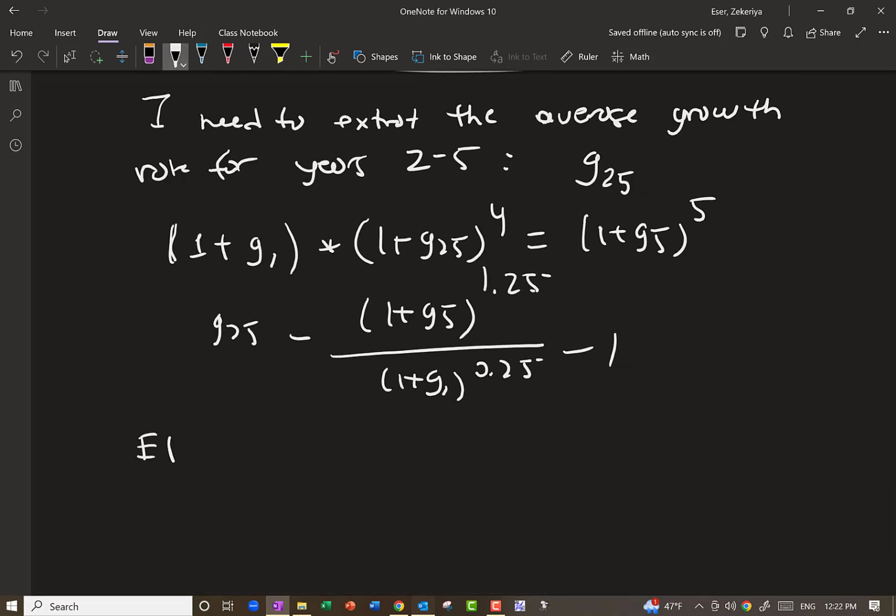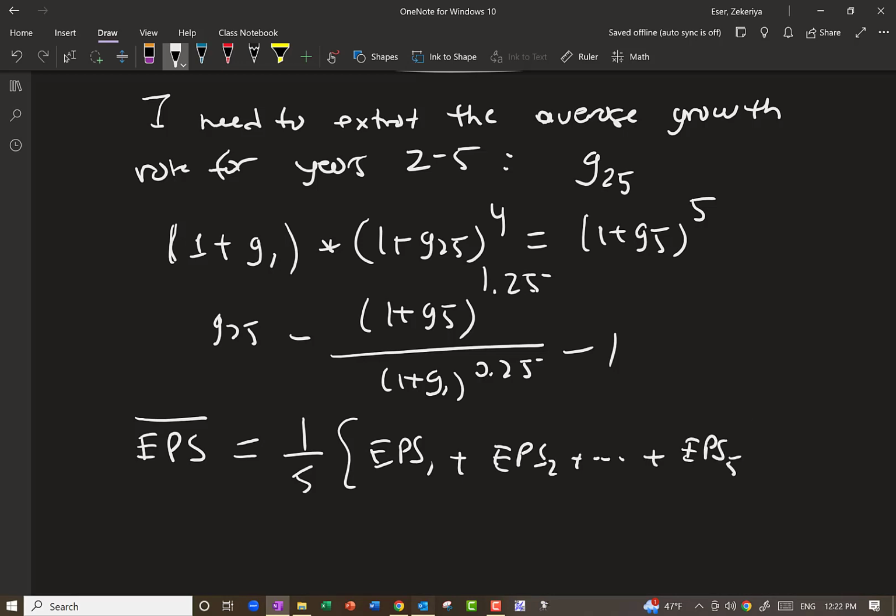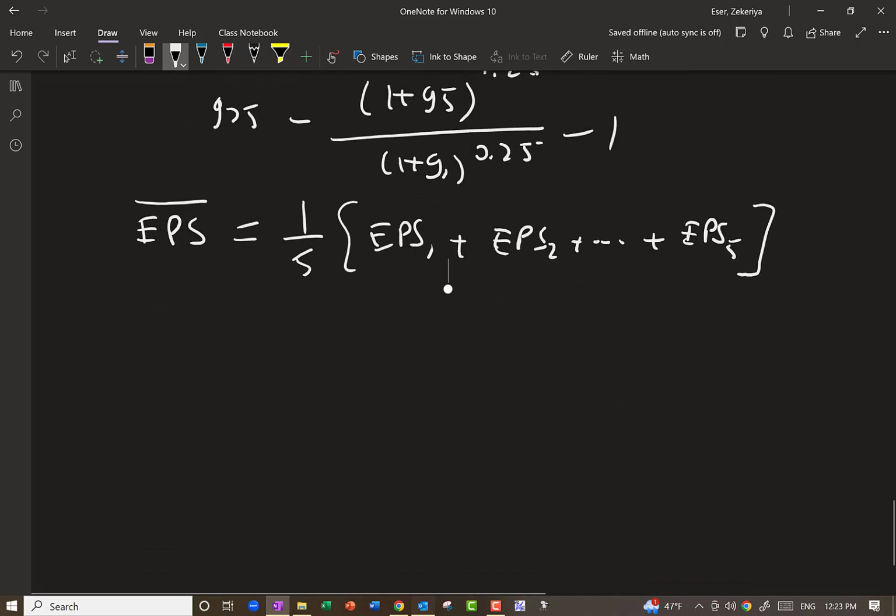Then I'm going to use an EPS bar. This is the average of EPS 1, and we already know EPS 1 is known.